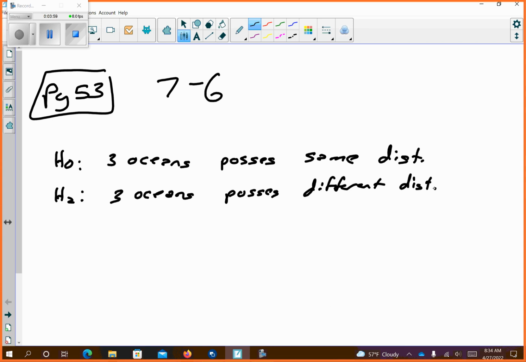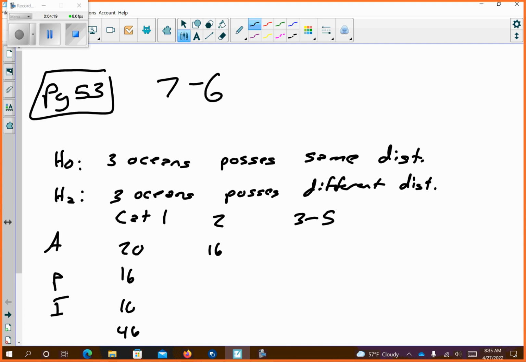So what they did is they said, yeah, category 1, 2, and then you can combine 3 through 5. Okay, and then they created this information. 10, 46, 16, 8, 4, which is 38, and 17, 15, 4, 36.